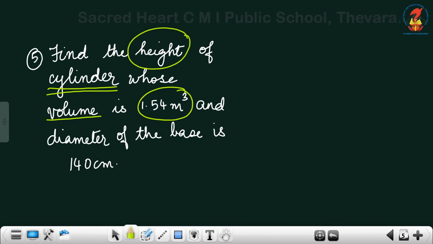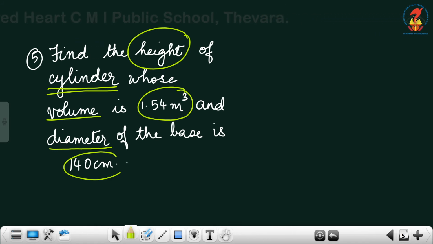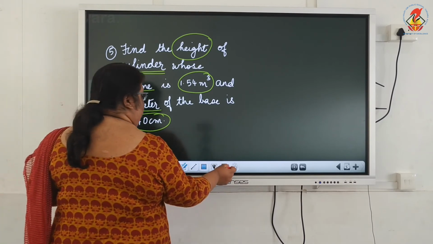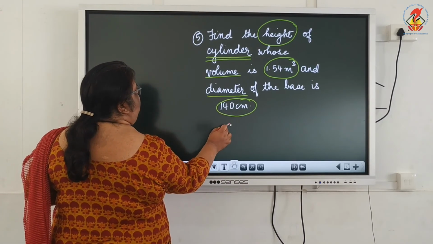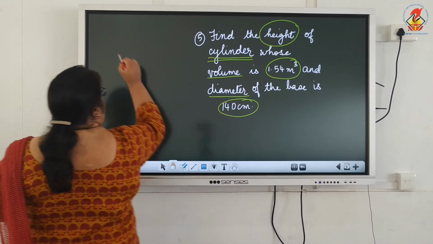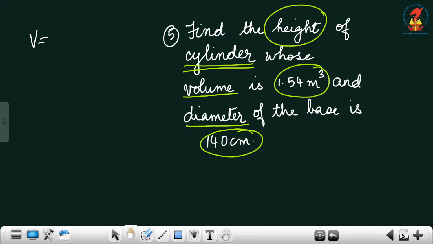Volume is 1.54 meter cube and diameter of the base is 140 centimeter. So here we are talking about a cylinder. Write down, children. Volume is equal to 1.54 meter cube. Then you need to find the height of the cylinder.